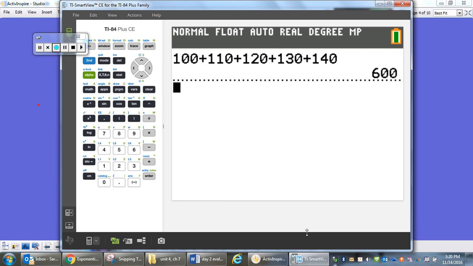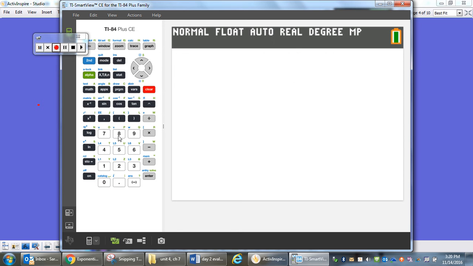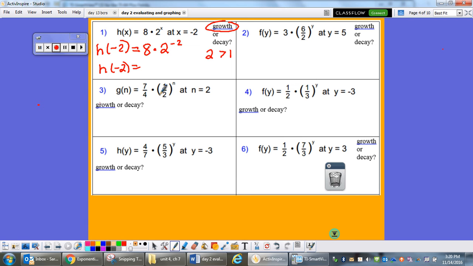Okay, clear that. 8 times 2 to the -2 power, and we get 2. And that would be your answer. So you just evaluated this function, h of x, at -2.